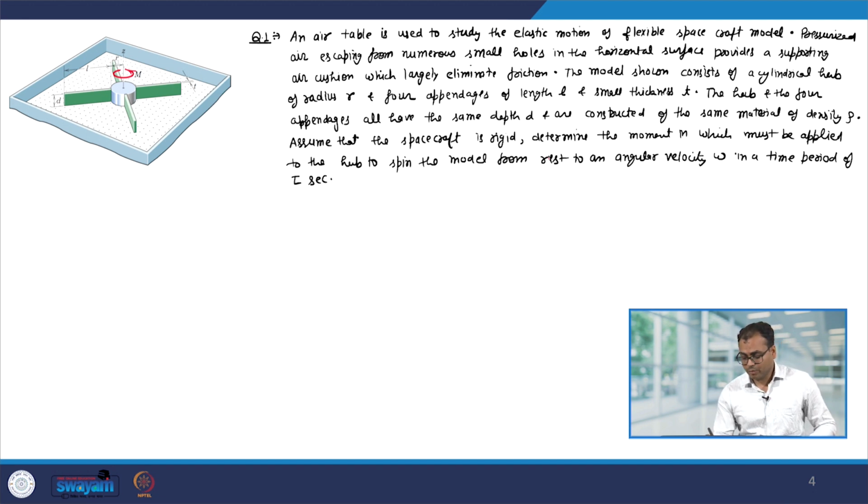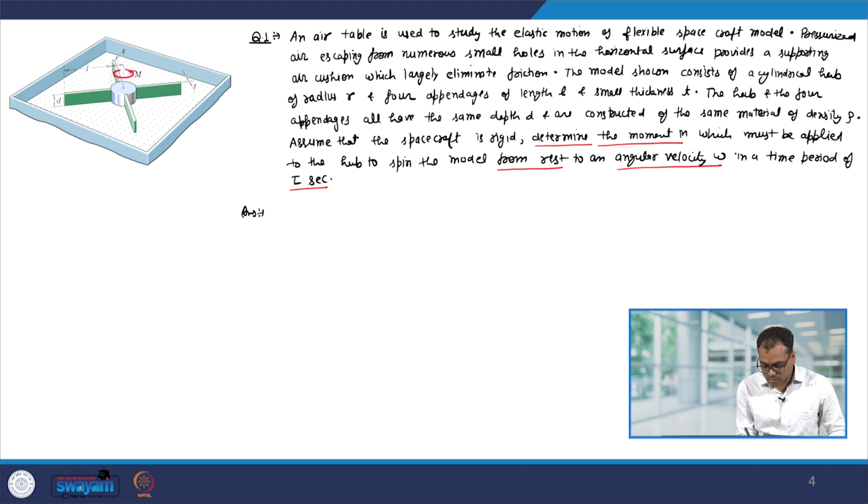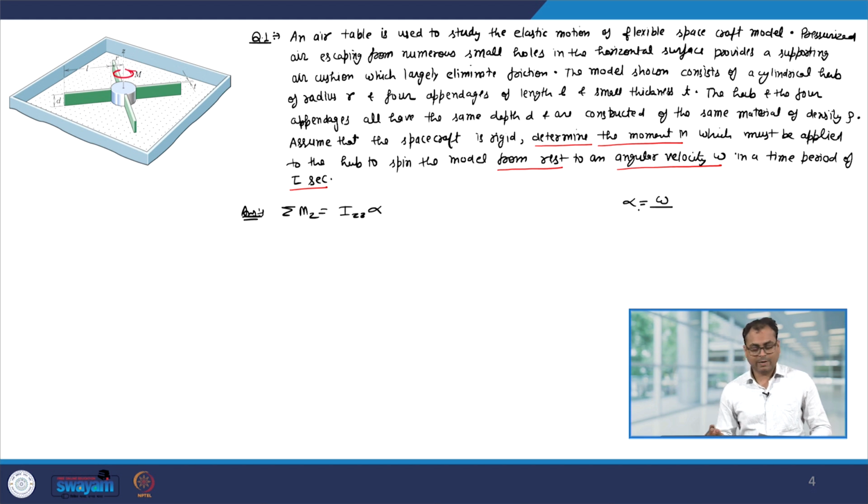Now, in this question we have been asked to determine the moment m which must be applied to the hub to spin the model from rest to an angular velocity omega in period tau. Okay. So, the moment m about the z axis will be I zz into alpha, where alpha is the angular acceleration, and alpha will be the angular velocity divided by time.